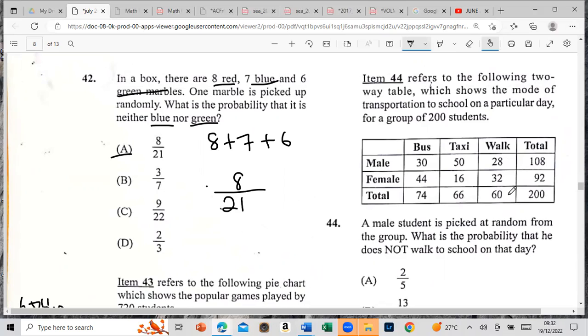Alright? Let's go now. It says a male student is picked at random from the group. What is the probability that he does not walk to school on that day? I notice they say does not walk. So does not walk means the others, right? So it's either he takes the bus or taxi. So 30 plus 50, that's our 80. So add that, and the total is going to be 108.